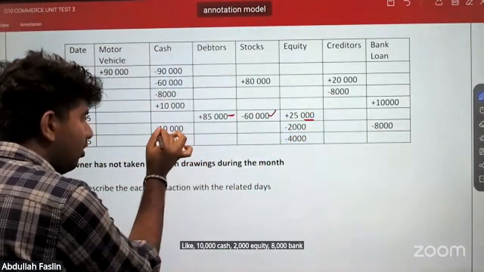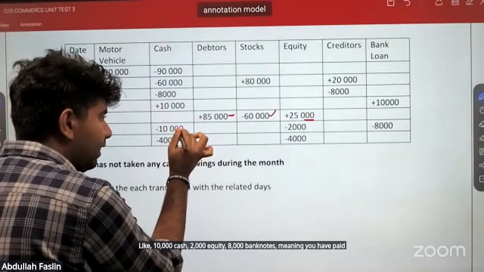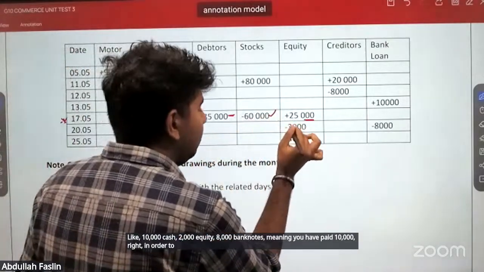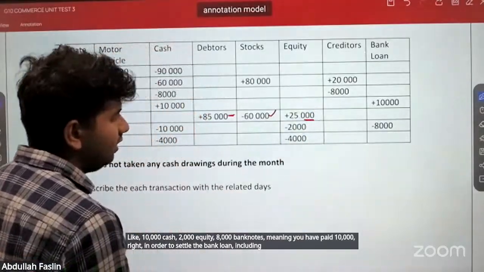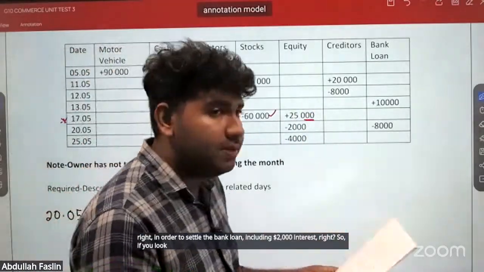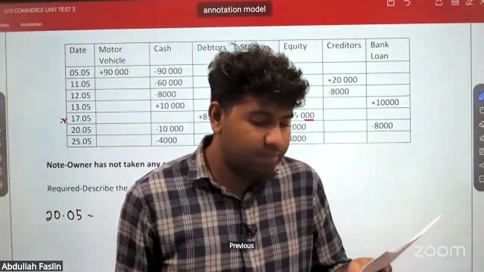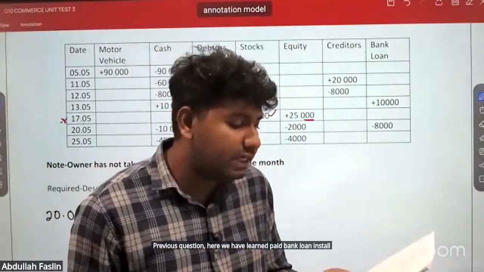What is the meaning? You have paid 10,000, right? In order to settle a bank loan, including 2,000 interest, right? If you look at the previous question, we learned about paying a bank loan installment, including interest.